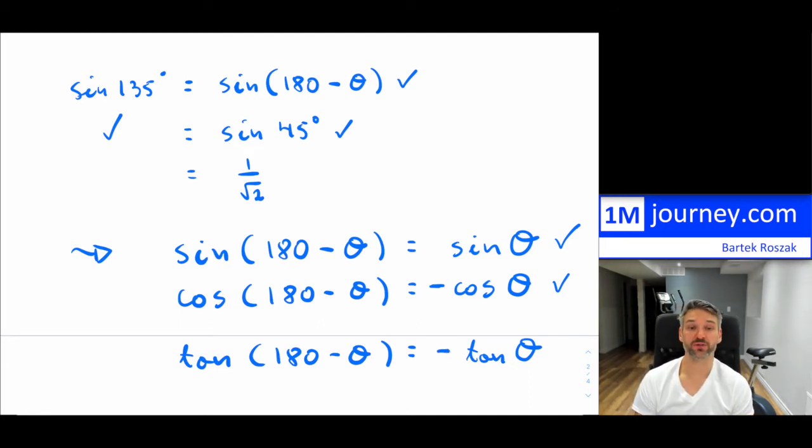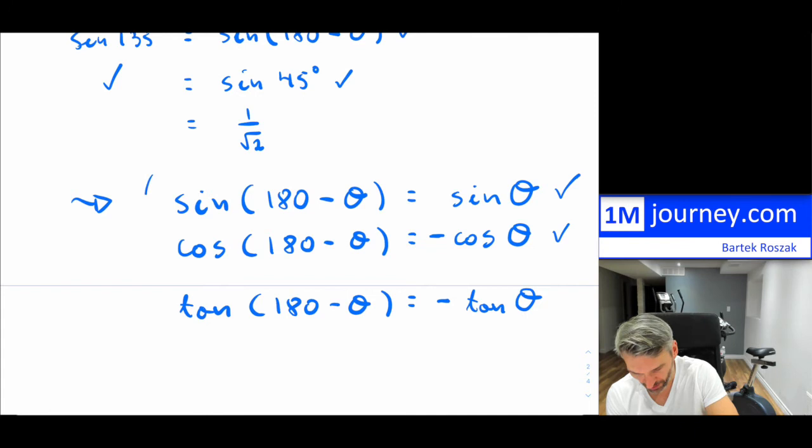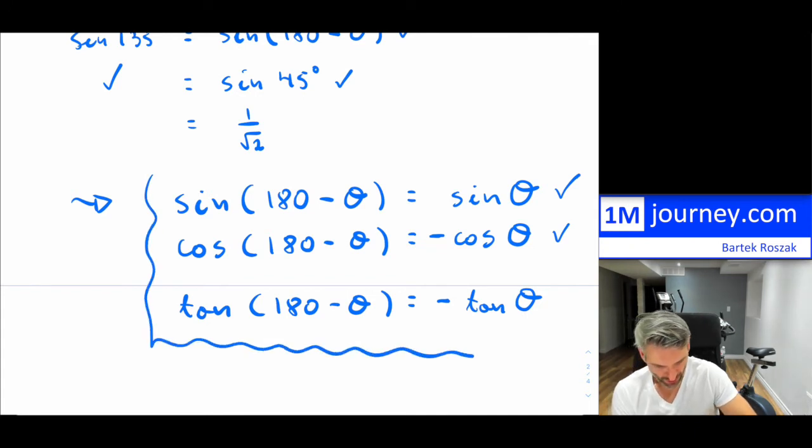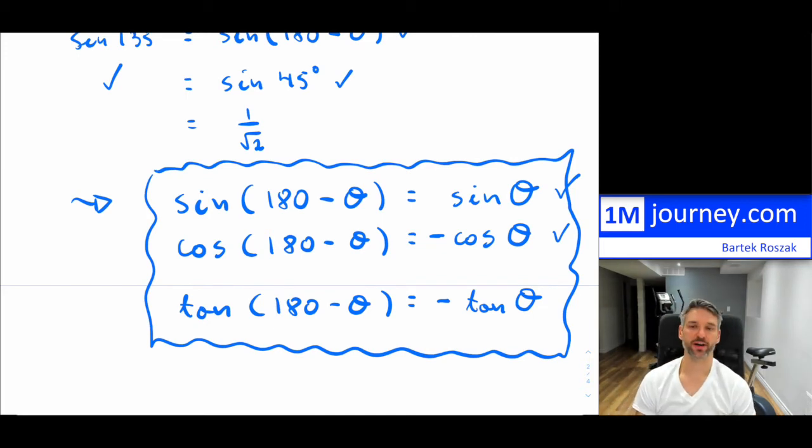Because notice, if you take sine and divide it by cos, cos is negative, sine is positive, so the actual answer will be negative. And that's how you can remember this particular structure. All right? So it's an identity, and you do see this quite often.